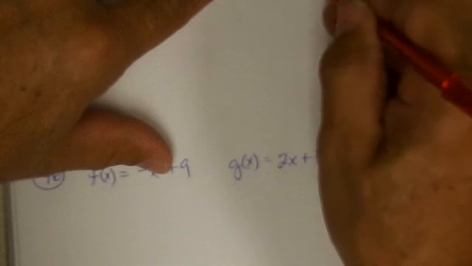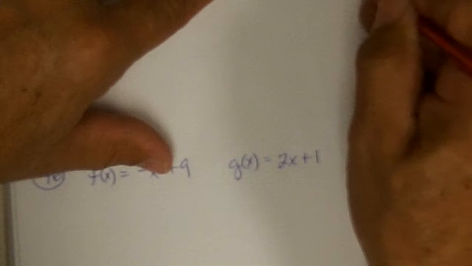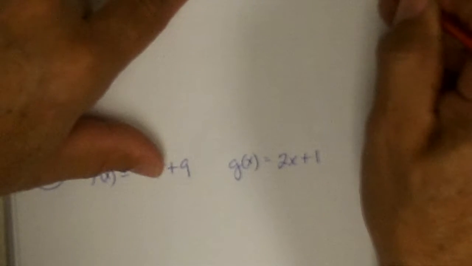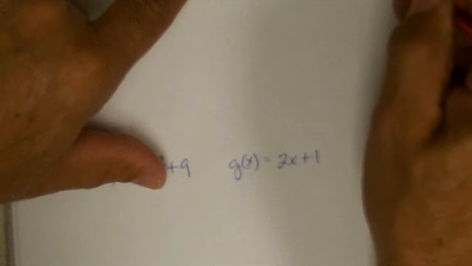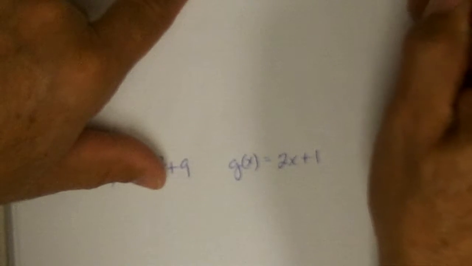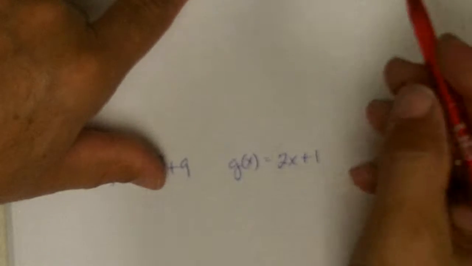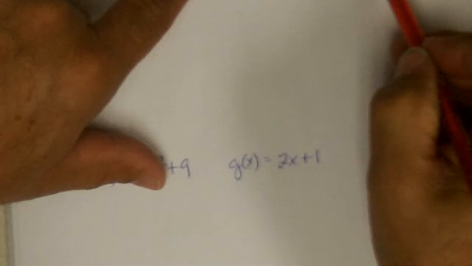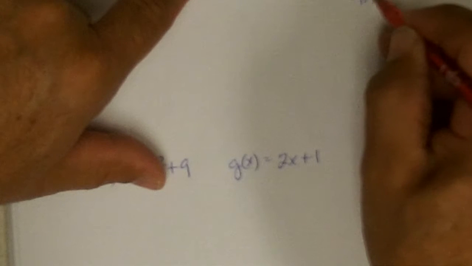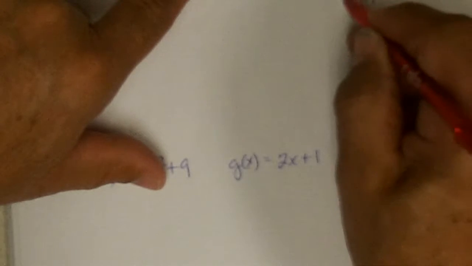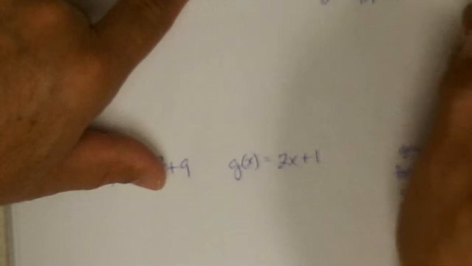So -8 is supposed to be a times x, which is -1 temporarily, (-1 - 1)^2 + 4. So -1 subtract 1 is -2, squared is 4. So I get 4a + 4 = -8.